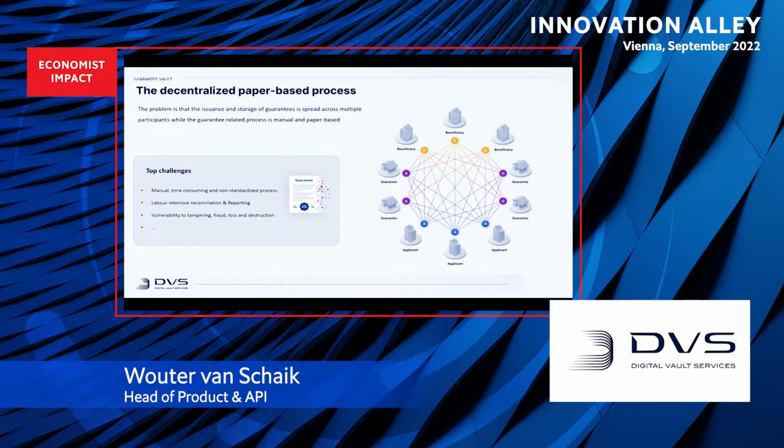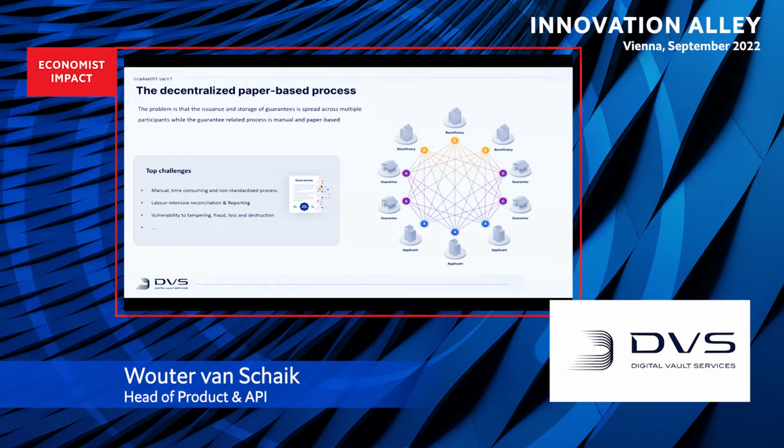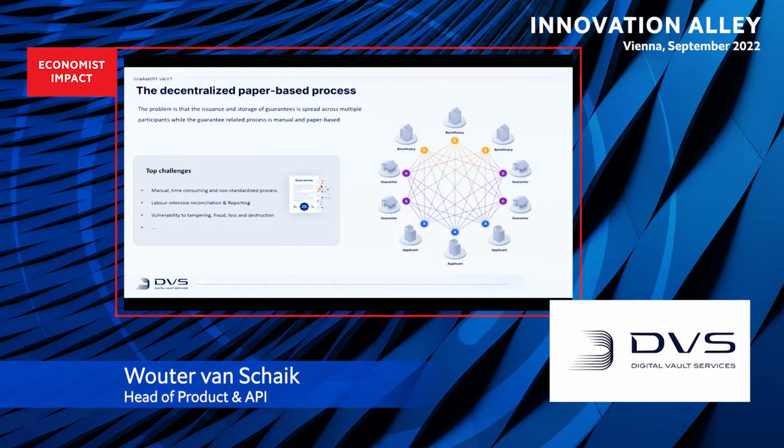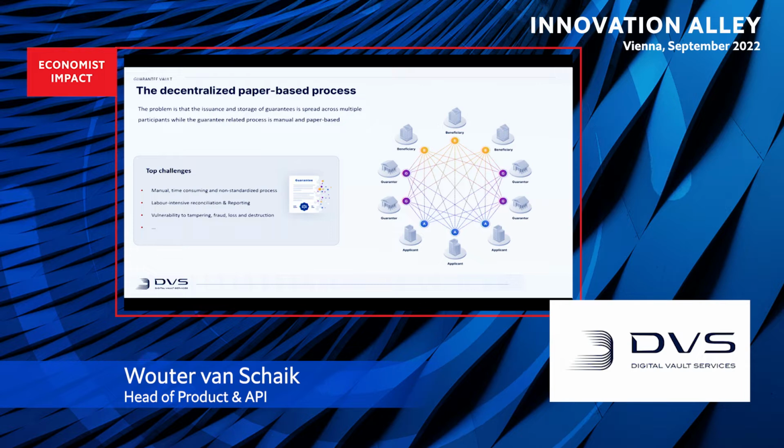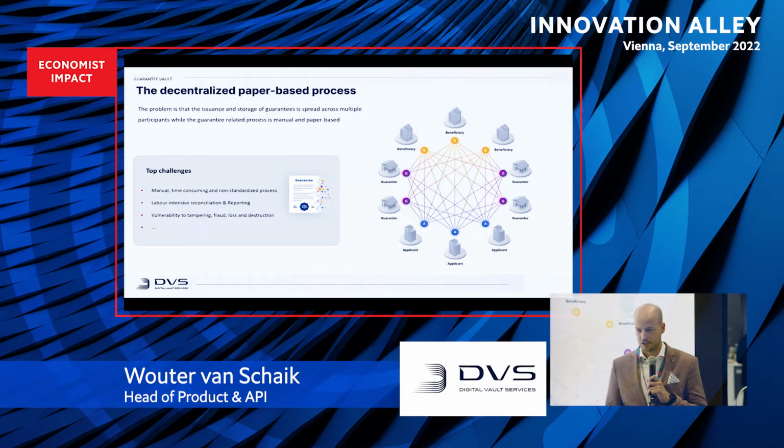On the receiving side, you have to deal with many different beneficiaries. Through this process and the handling of these guarantees, it's mainly paper-based. Whether it's email or faxes or copies or the actual physical paper, it's widespread across all participants, whether it's the guarantor or the beneficiary.